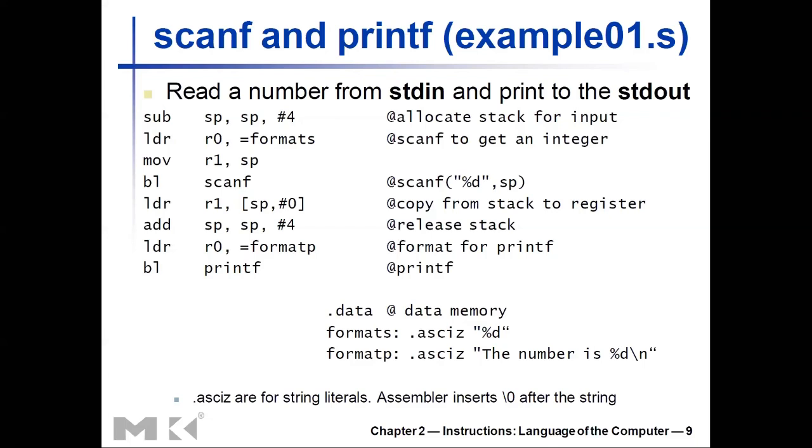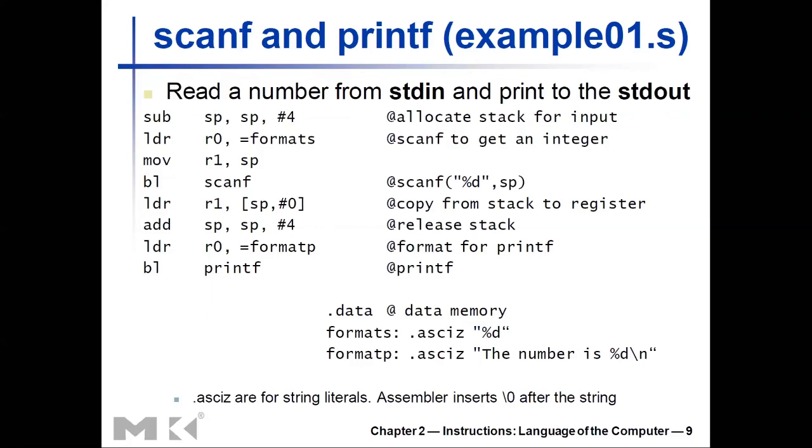Now if we want to store something in the stack, the first thing we need to do is allocate some space in the stack. That we do by decrementing the stack pointer: sub sp, sp, #4. When you perform this operation, you decrease the stack pointer by 4. That is because we want to read a full integer.